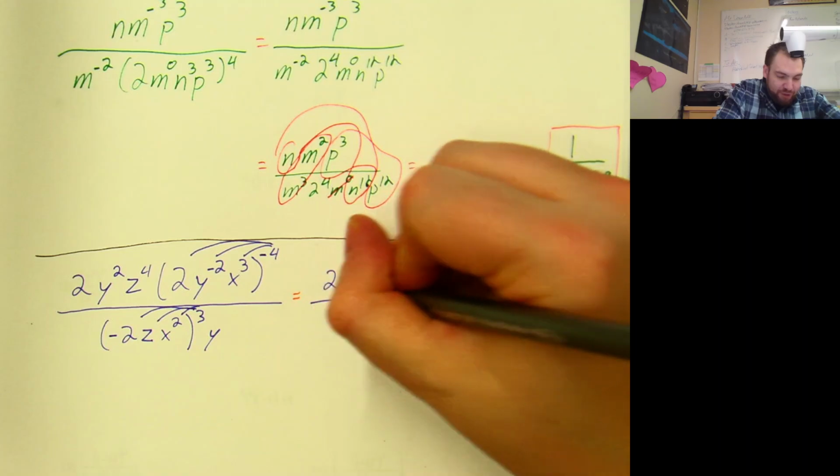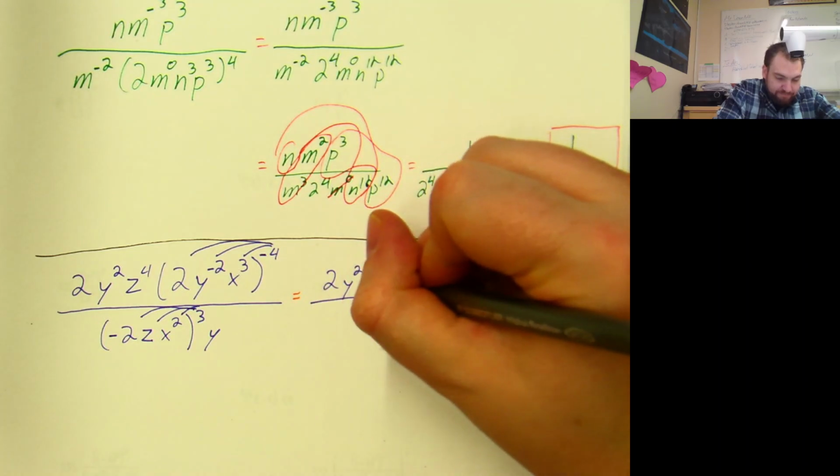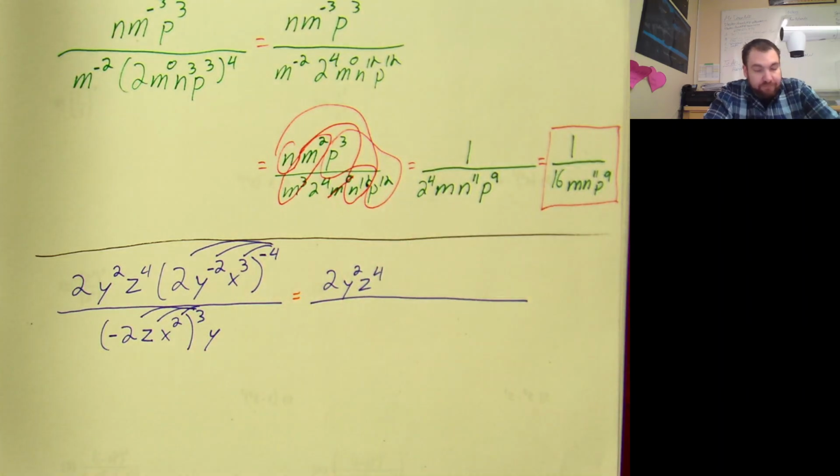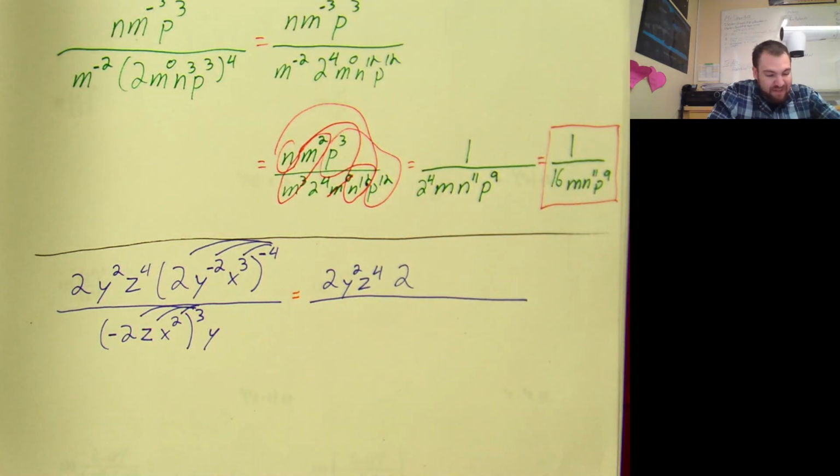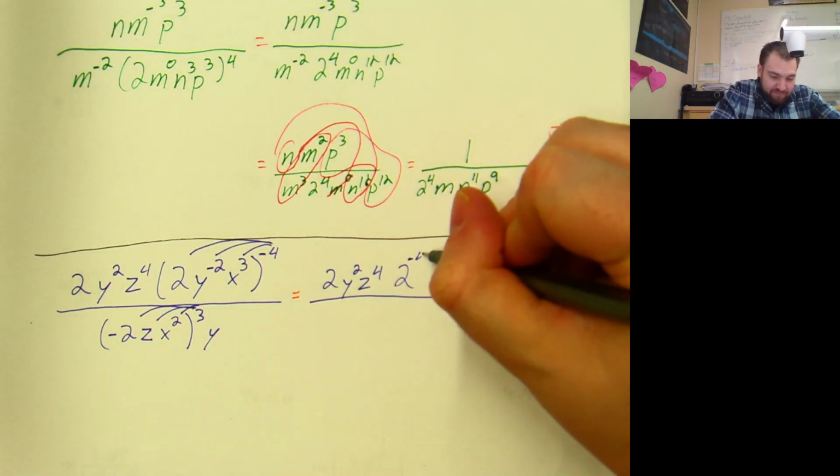So what am I going to be left with in the numerator there, Kyla? Is it 4? It's -4, okay? Keep going.